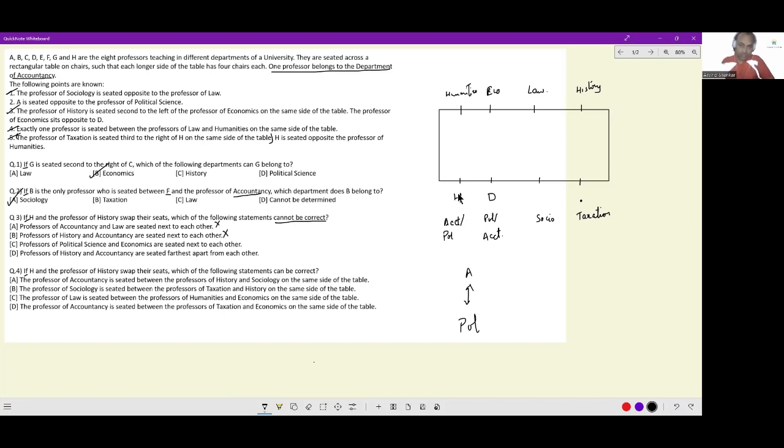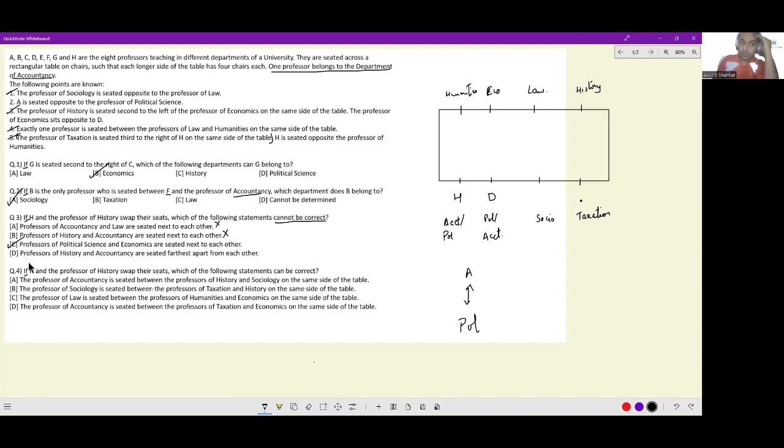Now, possible people for pol science are H or D. Even if H ends up swapping his seat with history, economics and H will have somebody in between. D and economics, of course, are not on the same side. So this statement can never be correct and therefore should be the answer.